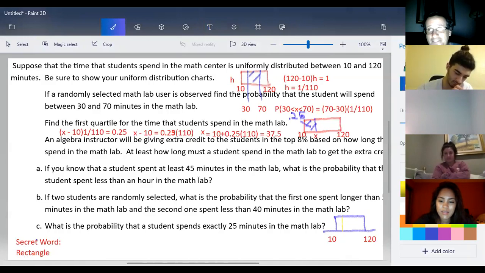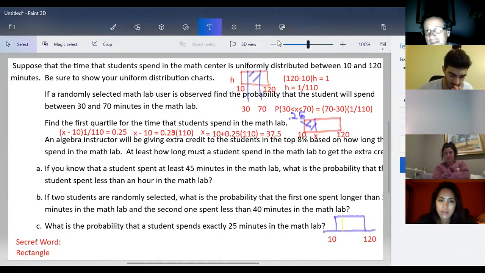There's 25. Let's give it a number. Let's do it in yellow though. What's the area between 25 and 25?